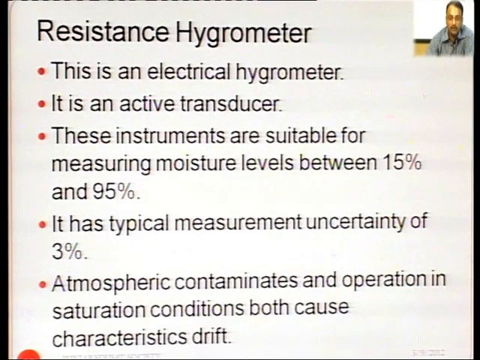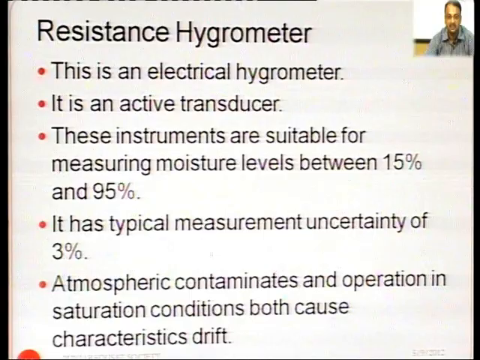A resistance hygrometer is an electrical hygrometer. It is an active transducer, so it does not need any external supply. These instruments are suitable for measuring moisture levels between 15 and 95 percent. So the minimum value is 15 and the maximum value is 95 moisture level.